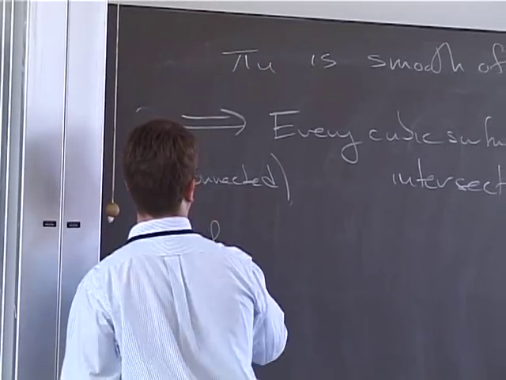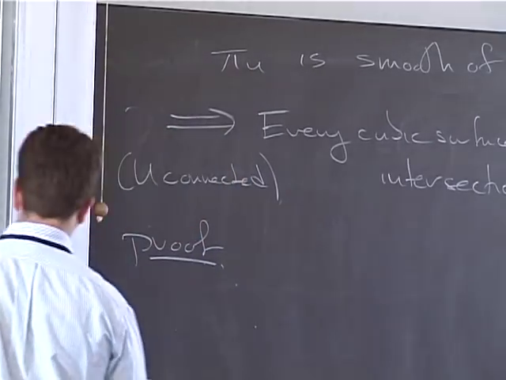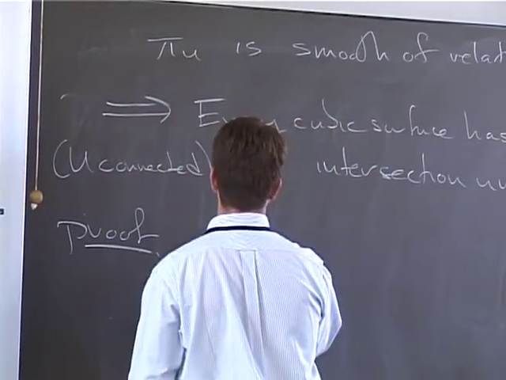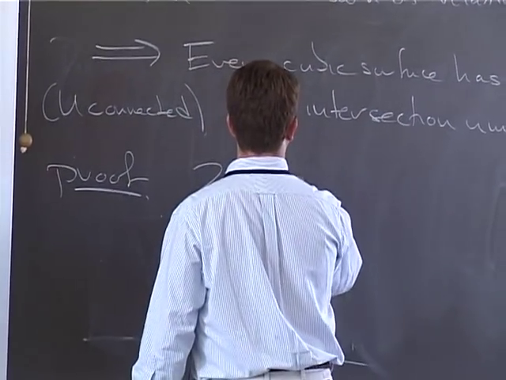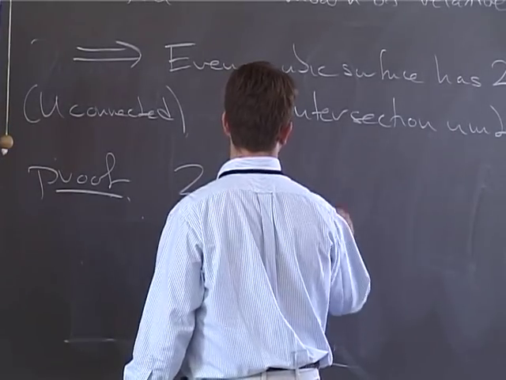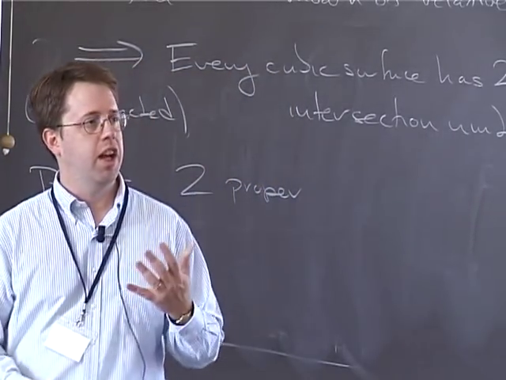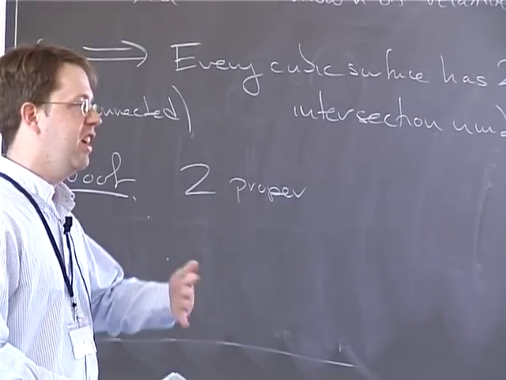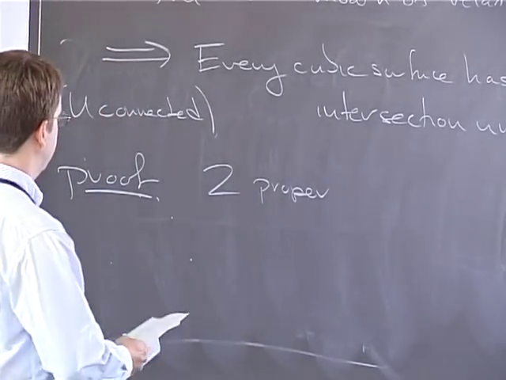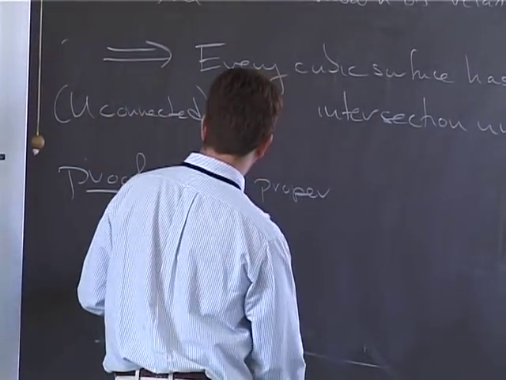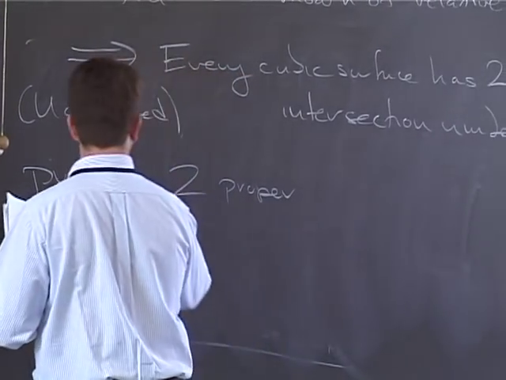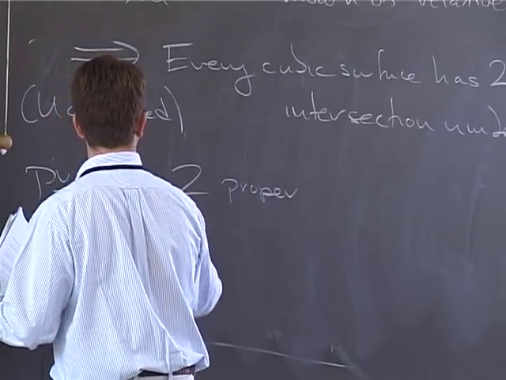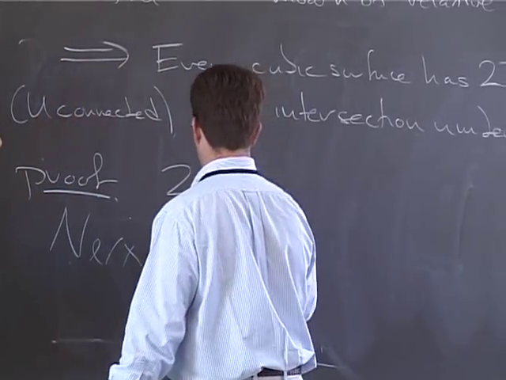Here's a sketch proof. Well, first of all, let me just point out that Z is proper, because a cubic surface with a line can only specialize to a cubic surface with a line. The line can only become a line. Now, let's look at, given a line in the cubic surface, its normal bundle.